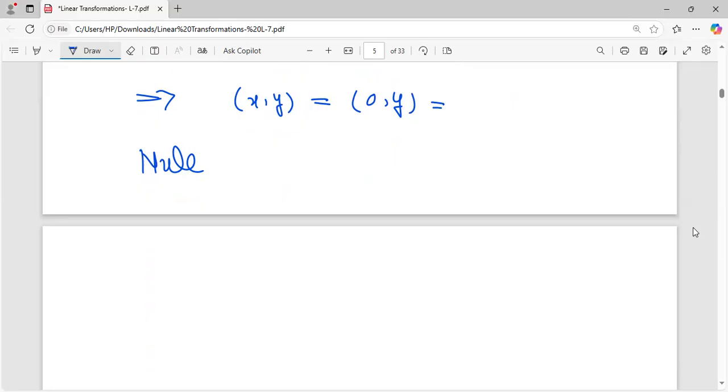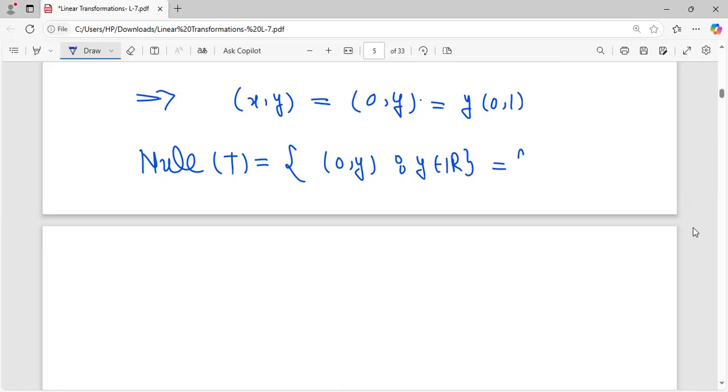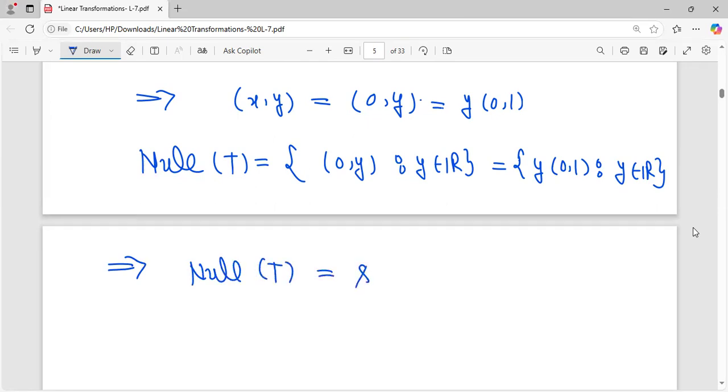So null T is equal to {(0, y) : y belongs to R}, that is equal to span of {(0, 1)}.